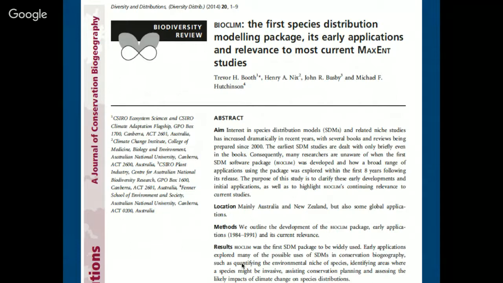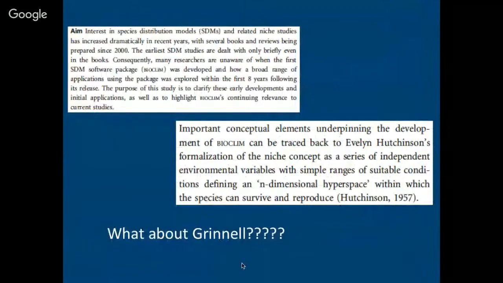Consequently, many researchers are unaware of when the first SDM software package, Biochem, was developed, and how a broad range of applications using that package was explored within the first 8 years following its release. So this paper essentially lays out those early advances, and again, most of these either were in Australia or were stimulated by work in Australia.